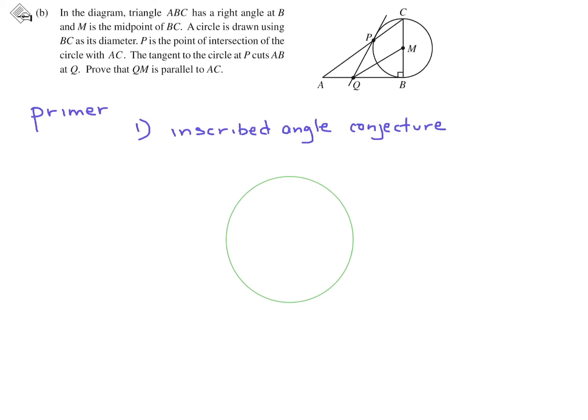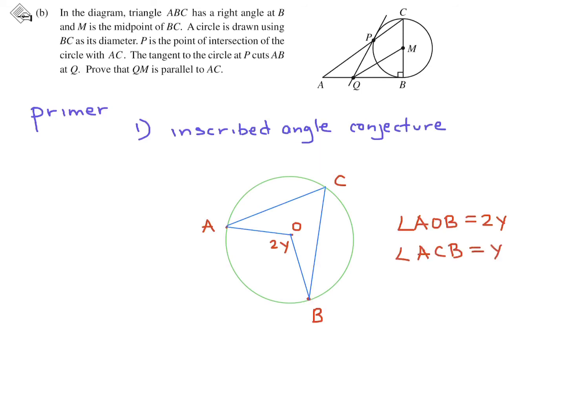And it basically states that if you have a circle and you've got a center point in that circle, so right here, and then you choose 2 points on the circle, say A here and B here, and then you draw lines from A and B to the center of the circle, and then you draw lines from A and B to another point on the circle, and we'll call that point, say, C. Basically, it states the following: if this angle AOB is, say, 2y, then the angle ACB will be half of that, so it will be y.